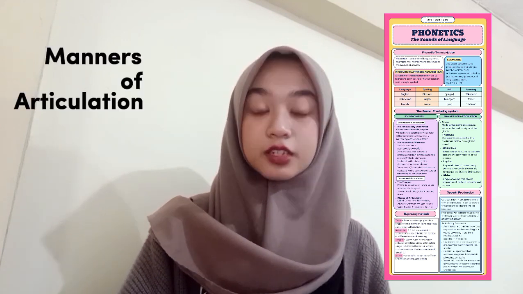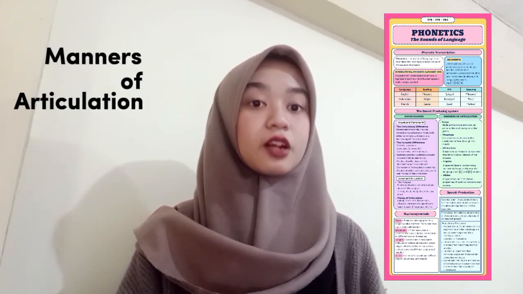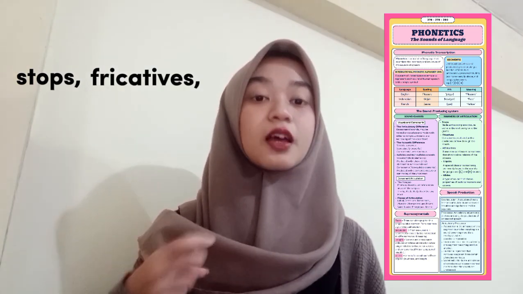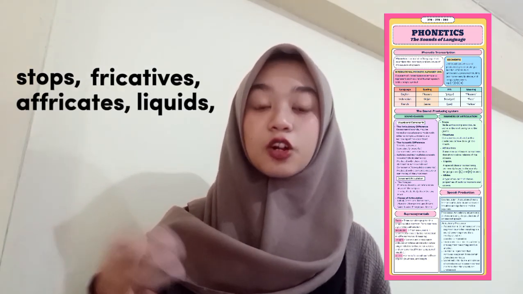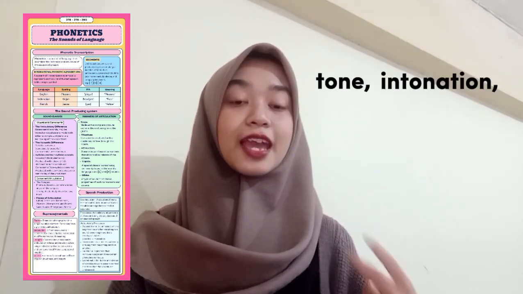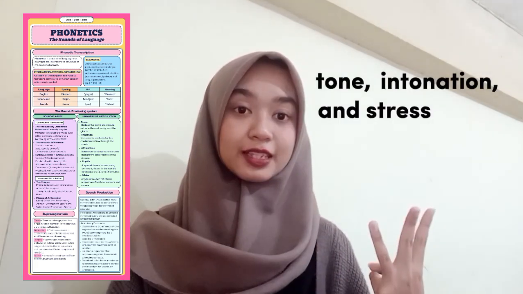At the places of articulation, the airstream is modified by different manners of articulation, and the resulting sounds are stops, fricatives, affricates, liquids, or glides. Vowels are produced with less drastic closure and are described with reference to tongue position, tension, and lip rounding. Language also exhibits suprasegmental phenomena such as tone, intonation, and stress.